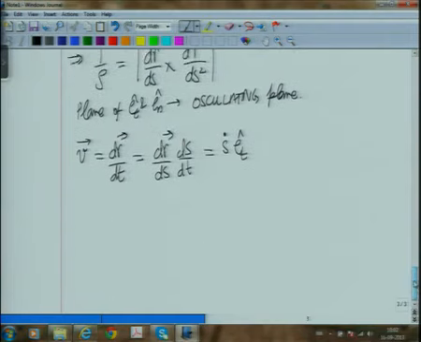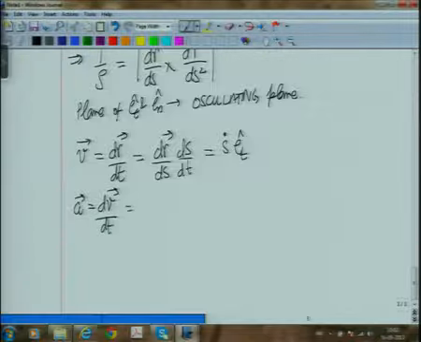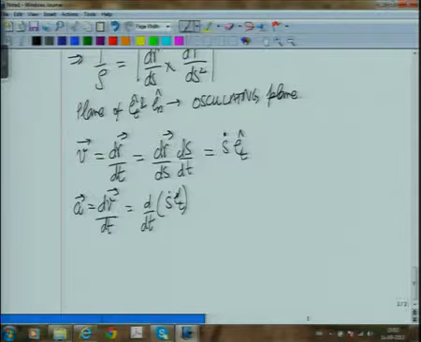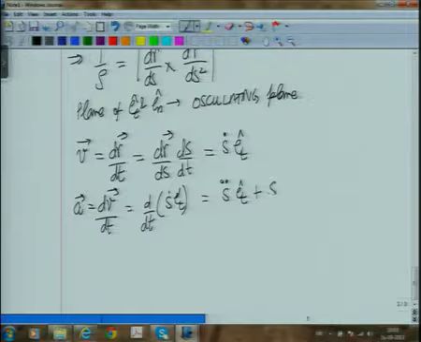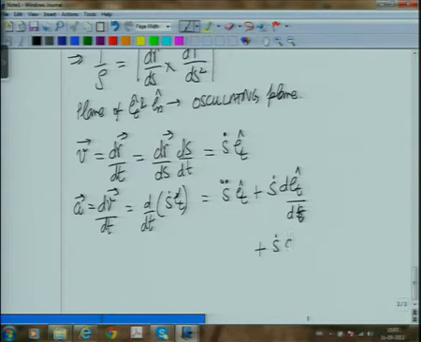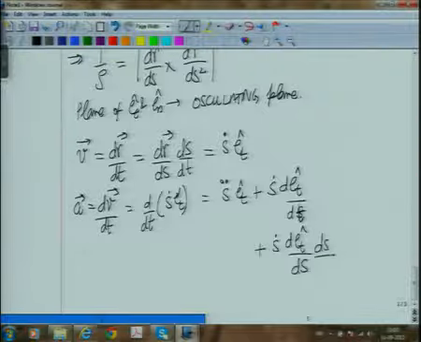What is acceleration? Acceleration is dv by dt. So, it is equal to d by dt of s dot E t. First I will write it as s double dot E t plus s dot times d E t by dt. Now this second term I will write as s dot times d E t by ds times ds by dt.